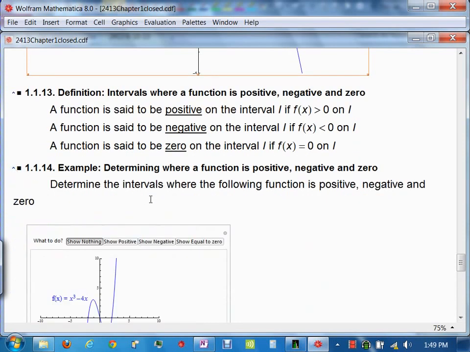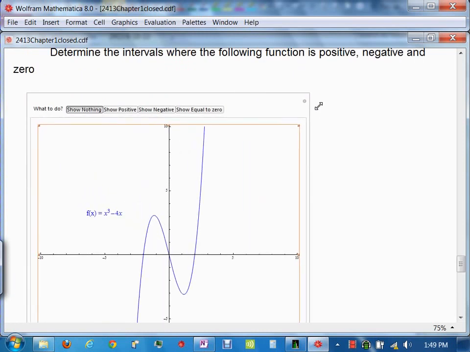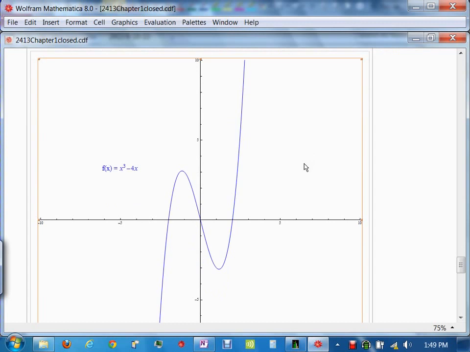So let's look at this function here, and let's see if we can determine where it's positive and negative. So where is this function positive? I'm saying, where's the height of the function? Where is it above the x-axis? That's right in here, isn't it?